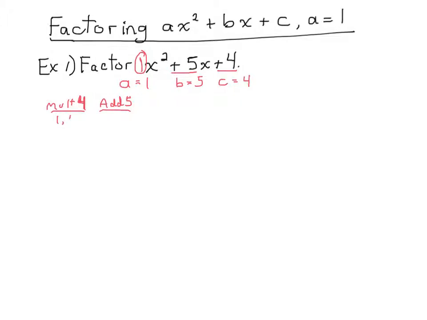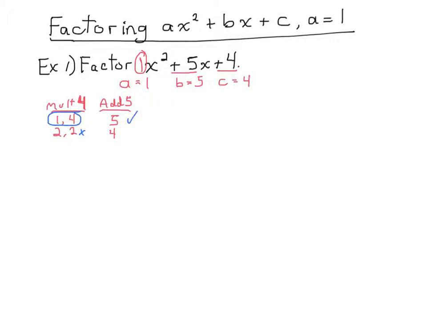Multiples of 4 would be 1 times 4, and 1 plus 4 is 5. So this one actually works right off the bat. Let's keep going though. Other multiples of 4 would be 2 times 2. 2 plus 2 would add to 4, so that would not work. We want to use 1 and 4 because it adds to the right number.